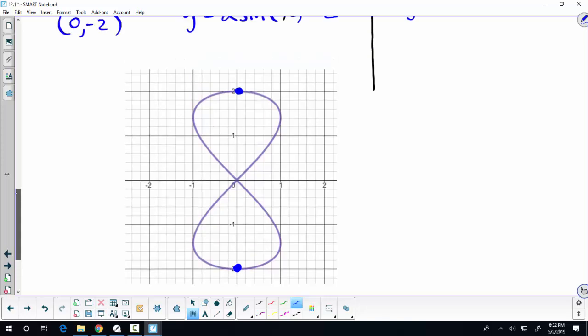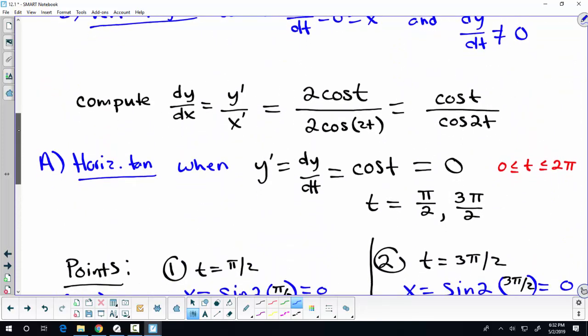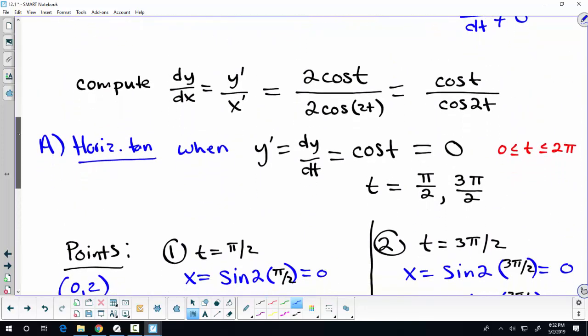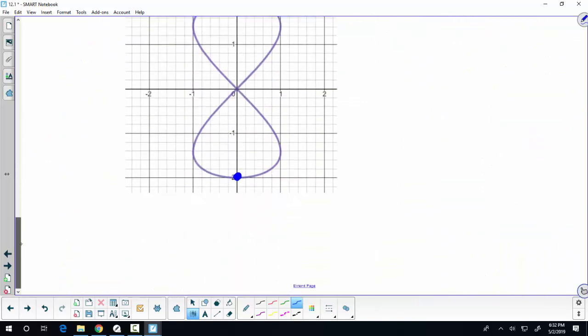So then we'll look at the vertical tangents. Our derivative was cosine t over cosine 2t.